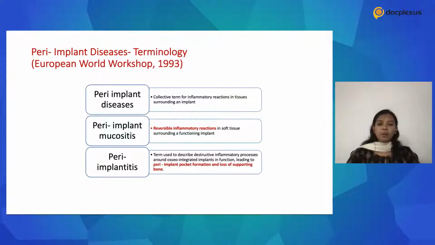Peri-implant mucositis is a reversible inflammatory reaction which occurs only in the soft tissue, whereas peri-implantitis is an irreversible process which will lead to peri-implant pocket formation and also loss of supporting bone. These are some of the terminologies you should know. Peri-implant disease is a collective term for both peri-implant mucositis and peri-implantitis.